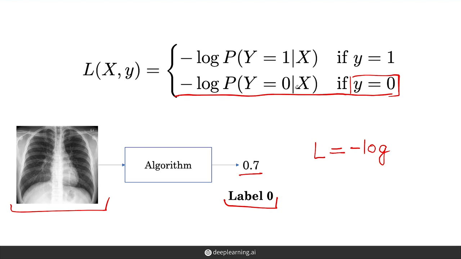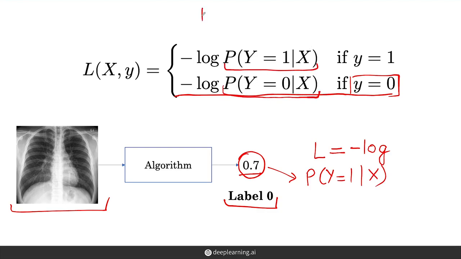We can get p(y=0 given x) using p(y=1 given x). And the way we can compute this quantity from that one is by recognizing that the probability that an example is 0 is 1 minus the probability that it's 1.